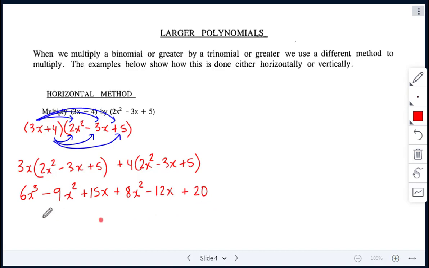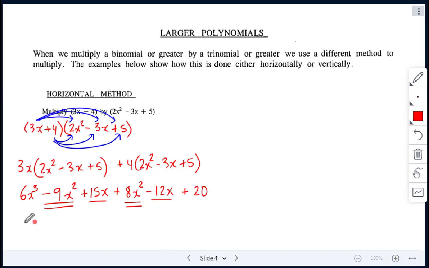All right, so we have a 6x cubed here, no other x cubeds. Then we have a negative 9x squared and the positive 8x squared. We have 15x and negative 12x, and then we just have the positive 20.